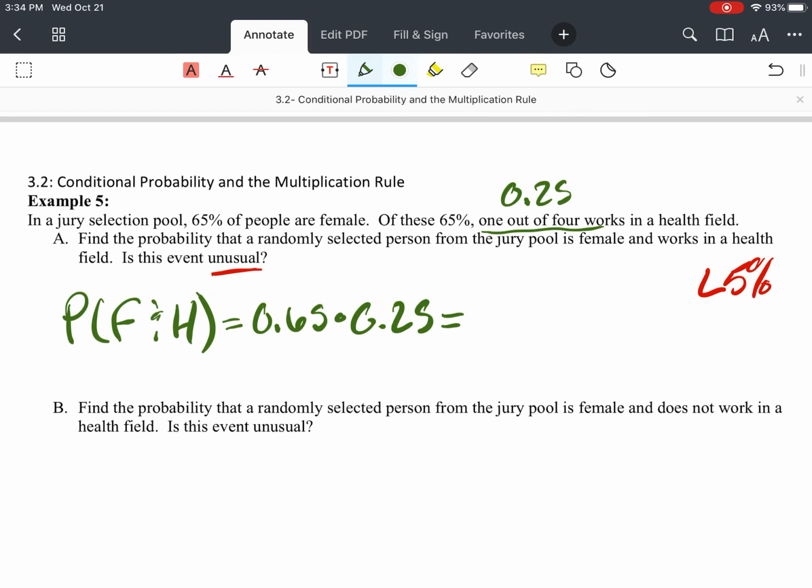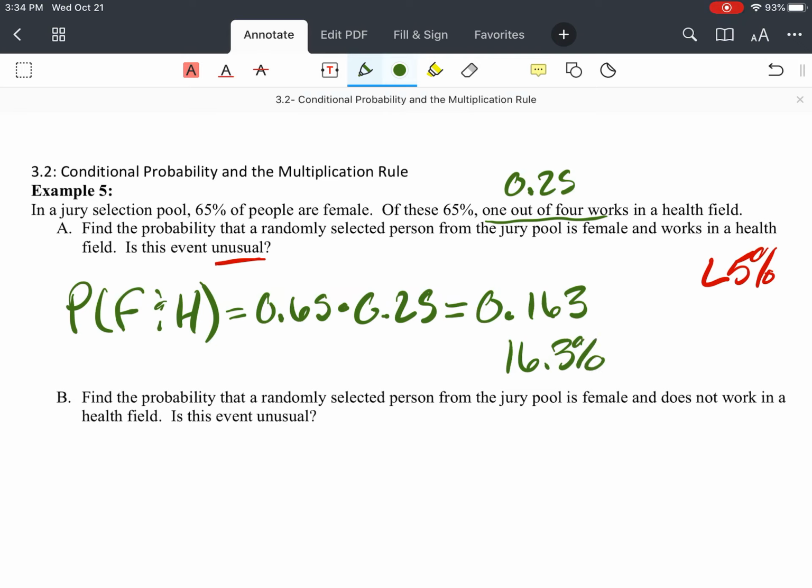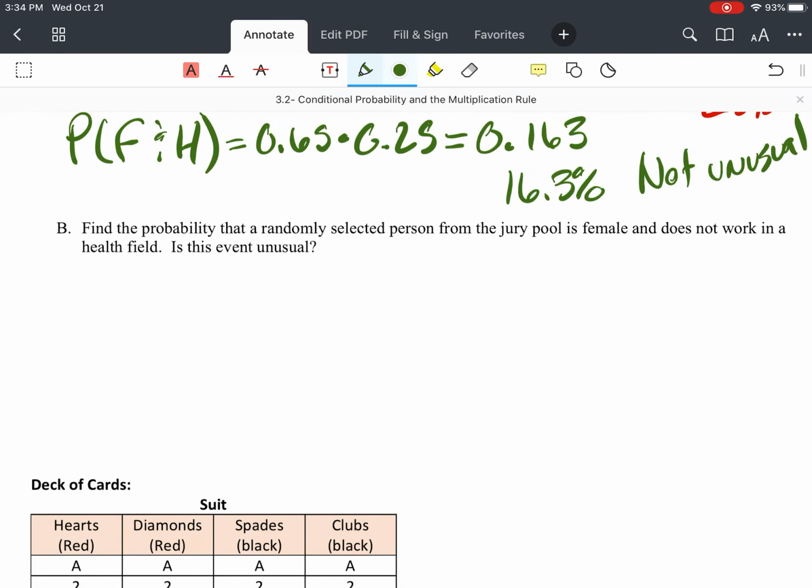So we can simply multiply those, and we get about 0.163, and that equates to 16.3%. Now, is this unusual? No, it's not unusual, again because it doesn't fall below that 5%.